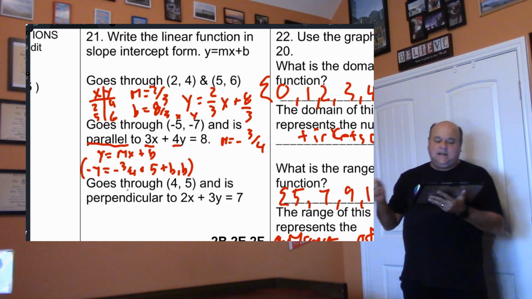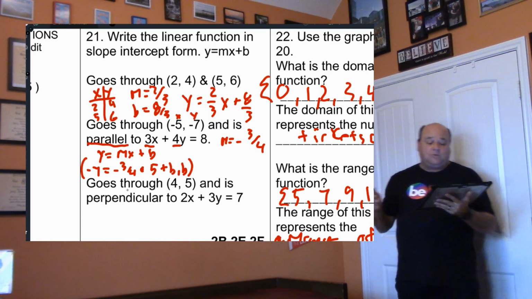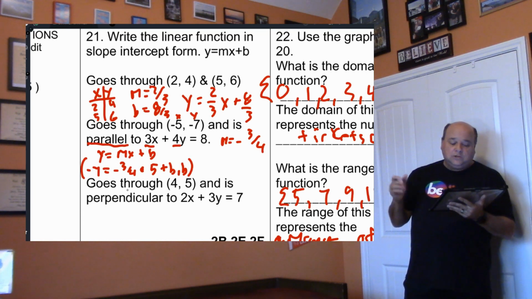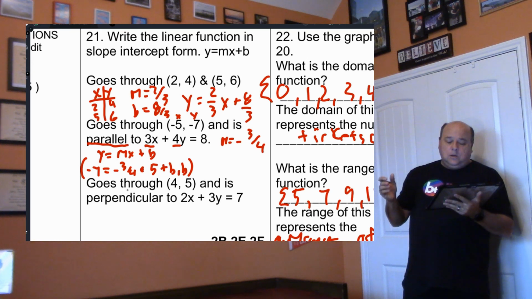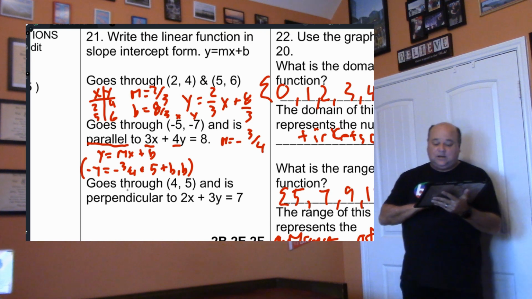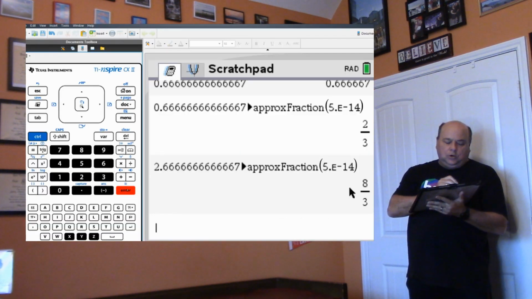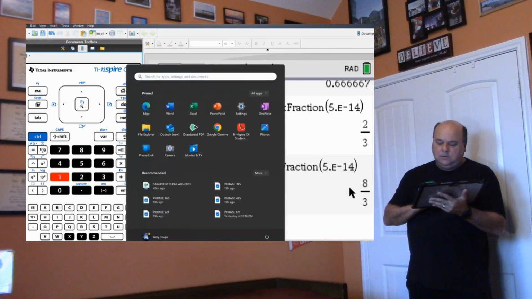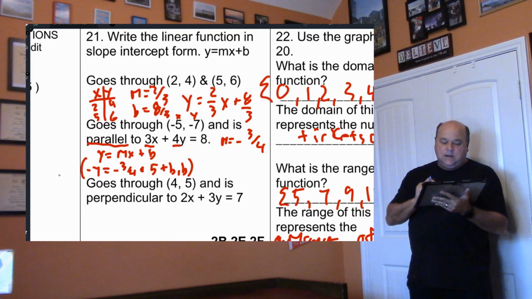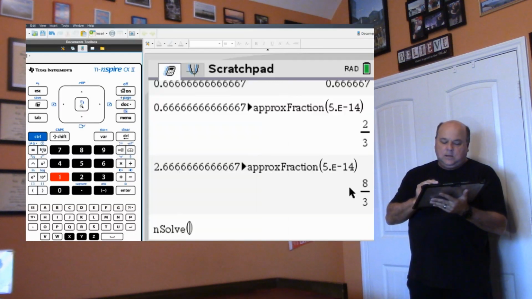You're going to put that into InSolve. This is going to be a fraction, okay? So 15/4, you're going to add it. This is going to be a big fraction here. So let's put this into the calculator, okay? So I'm going to do menu 3, 1 to get InSolve up, and then it's -7 equals -3/4 times 5 plus b.